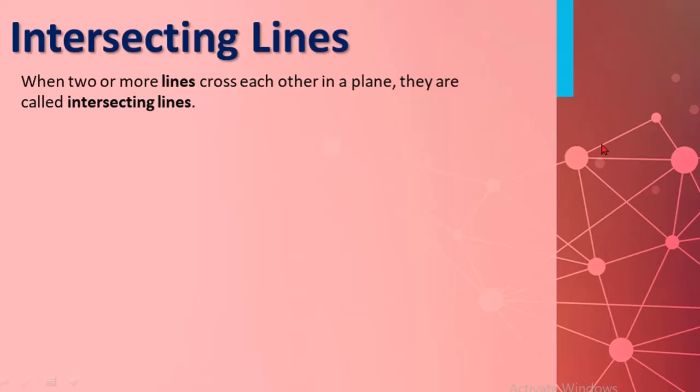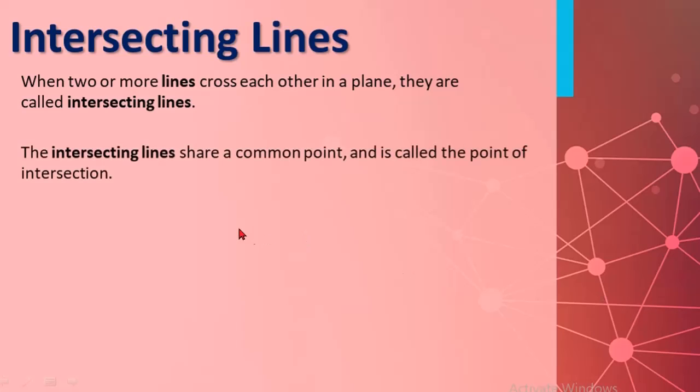There are numerous lines crossing each other at different points. So all the lines here are known as intersecting lines because they are crossing each other.